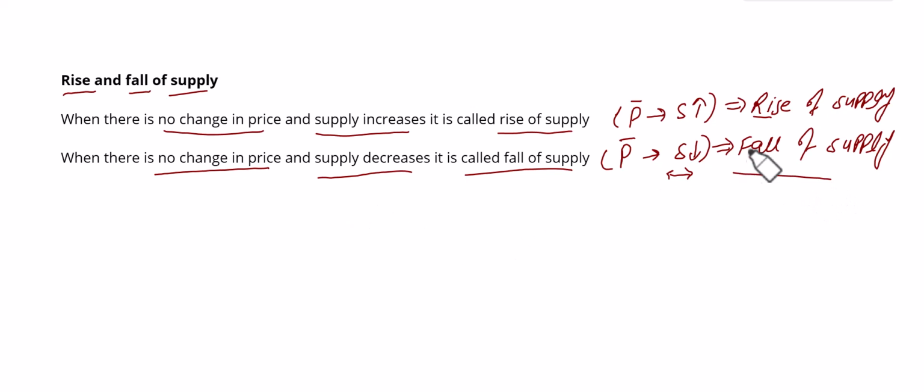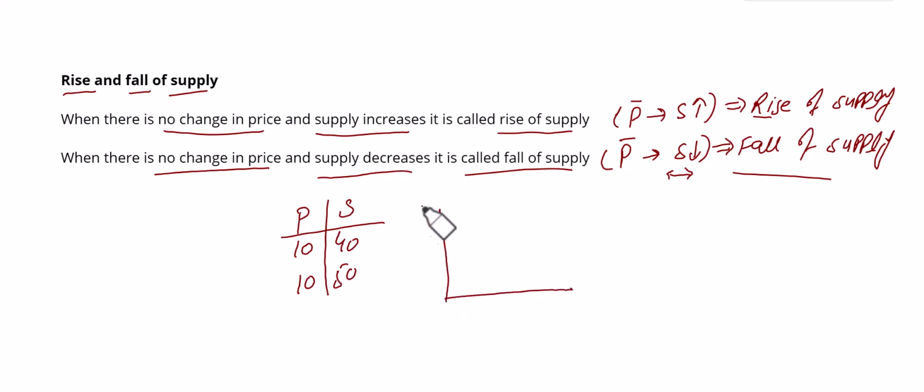So in case of rise and fall of supply, we have more than one supply curve. Let's assume that first of all we are discussing rise of supply. Price is 10, but the supply increases from 40 to 50. Now when we draw this in a simple supply curve, price is the same at 10, quantity is 40, and then it is 50.